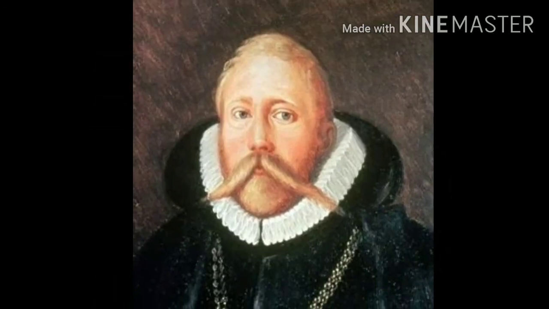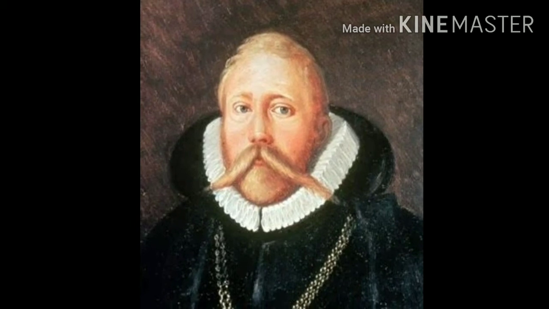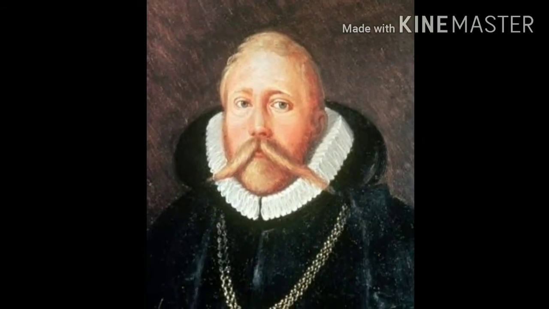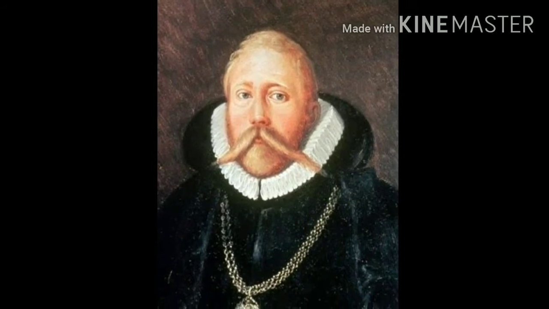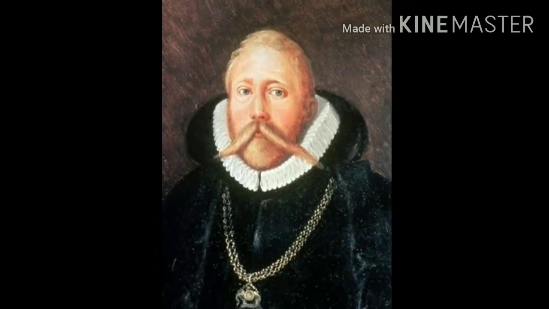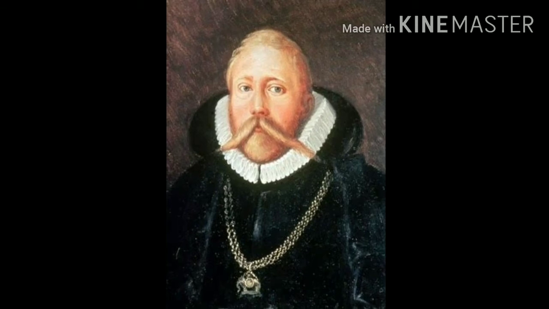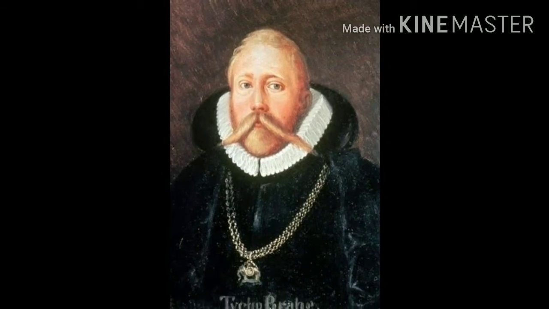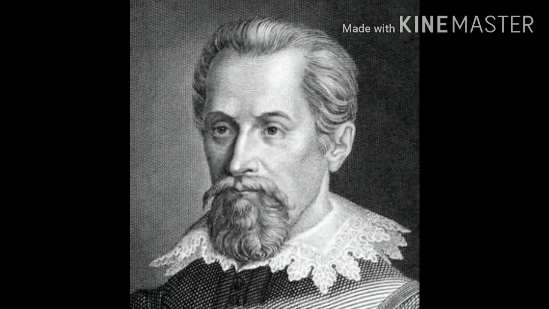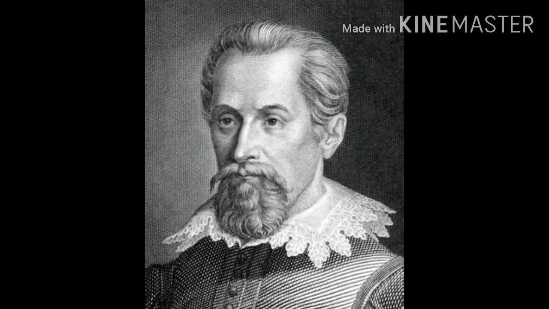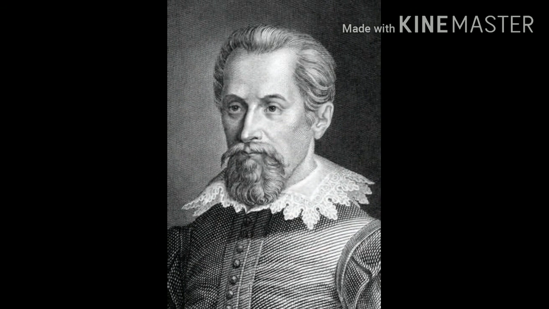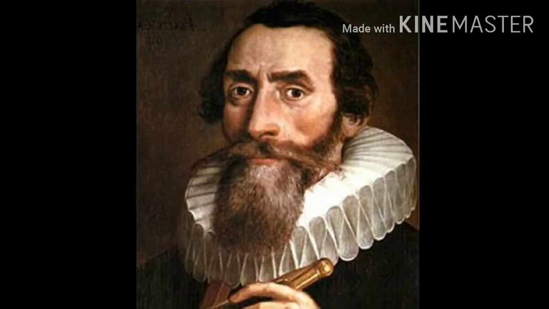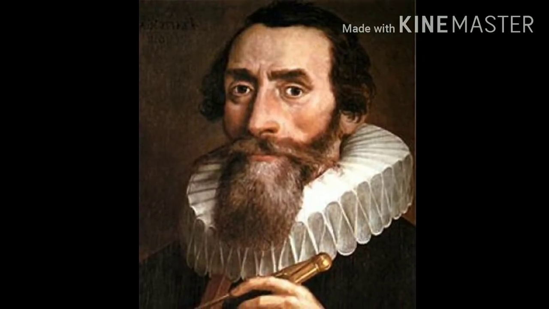After the sudden death of Brahe in 1601, Kepler was appointed as the royal mathematician in his place. Kepler used the observations of planetary positions made by Brahe to discover the laws of planetary motion.